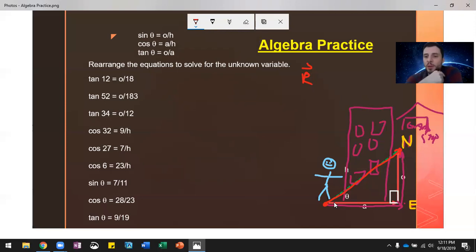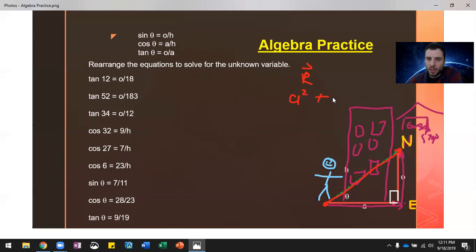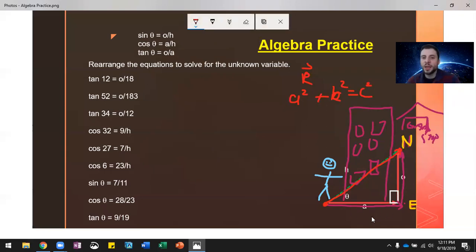We can do that by using the Pythagorean theorem, which is just a squared plus b squared equals c squared. We don't have any numbers for our triangle right here, but we can come over here and actually get some of these numbers.